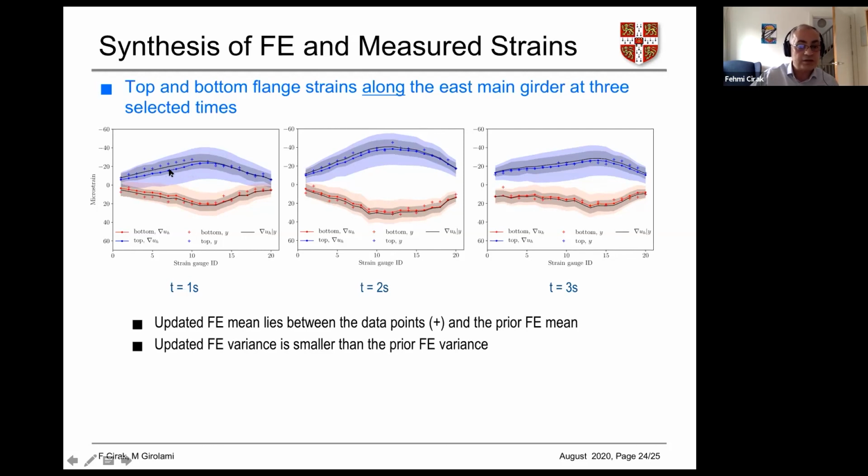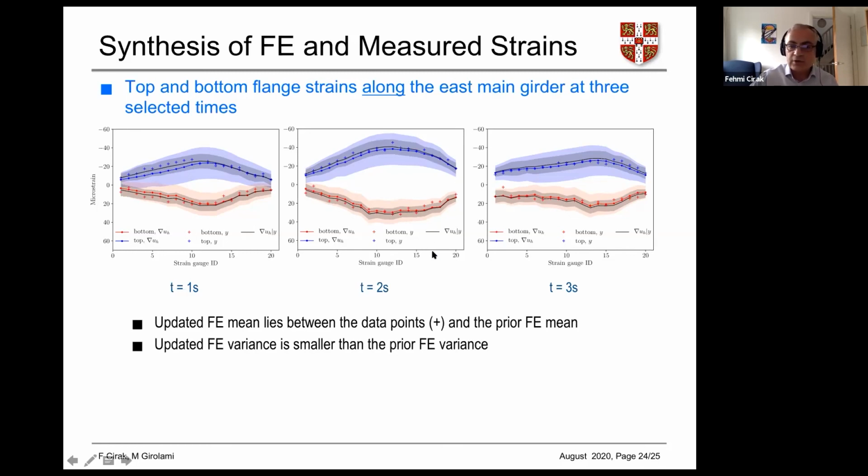You can see there is quite some difference between the measured and the finite element results. And the black line is the mean of the updated or posterior finite element density, which seems to lie between the prior finite element mean and the measured strains. So this is what we want, right? We want to merge them somehow in a coherent way.